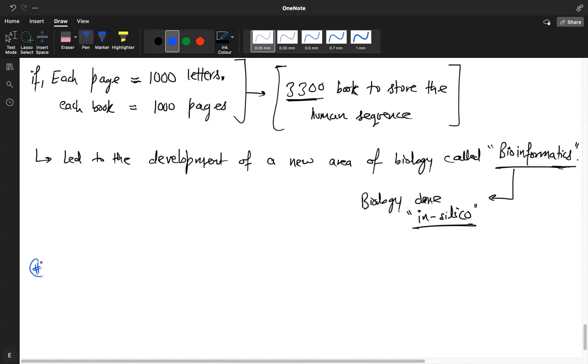And this is a CBSE board question: describe the goals of the Human Genome Project. So write down.